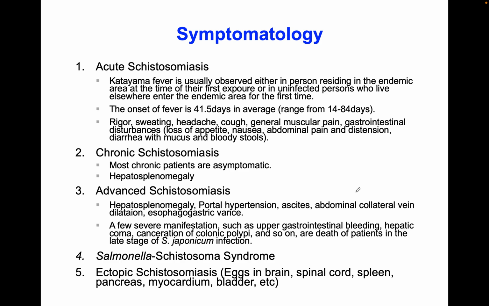The onset of fever averages 41 days, and other symptoms include rigor, sweating, headaches, cough, general muscular pain, and GI disturbance, such as loss of appetite, etc.